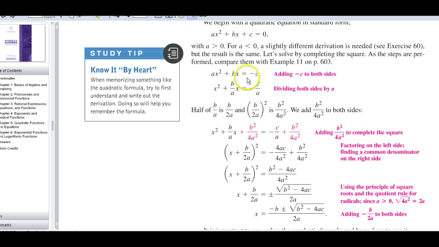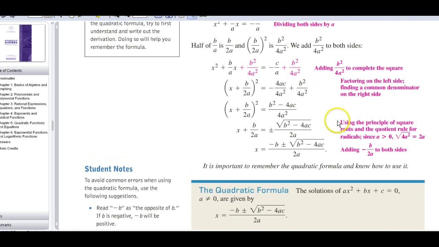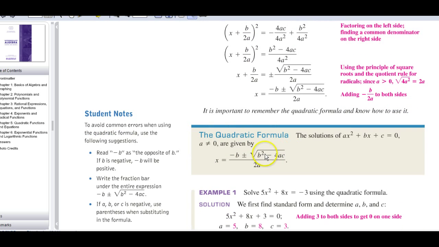And they're going to transpose the letter C to the other side, divide everything by A, so here the A's cancel out, and then take half of the B term and go through this procedure. I'm not going to go through it all in detail, but eventually, here are all the steps. You then get x equals something using the letters A, B, and C. So this is the quadratic formula.